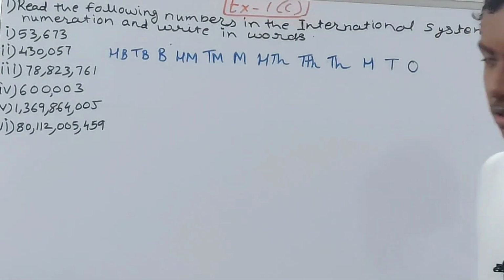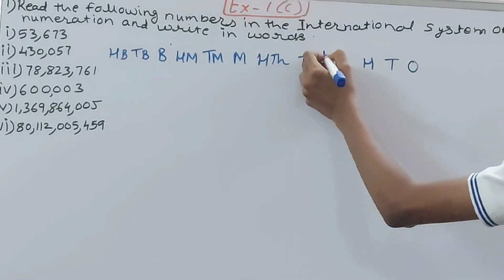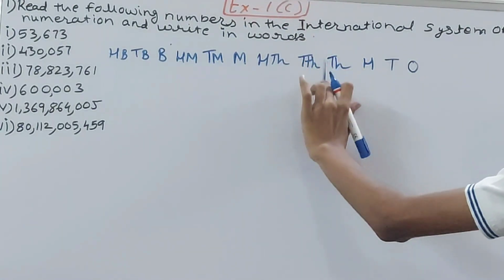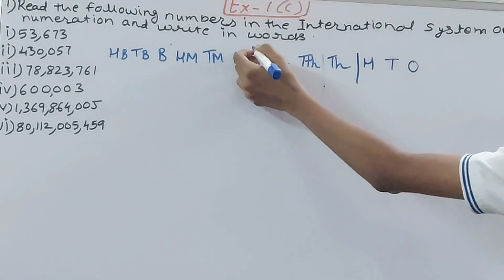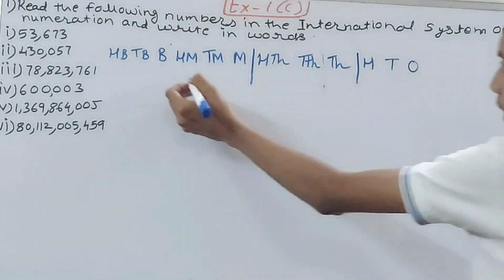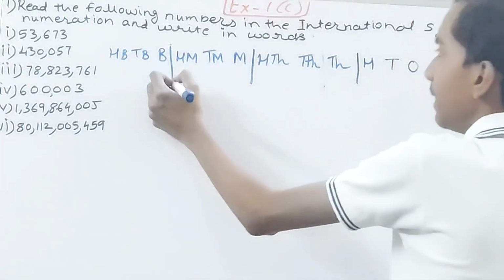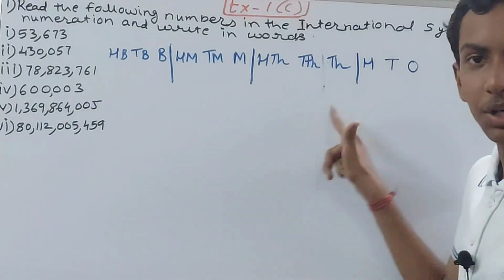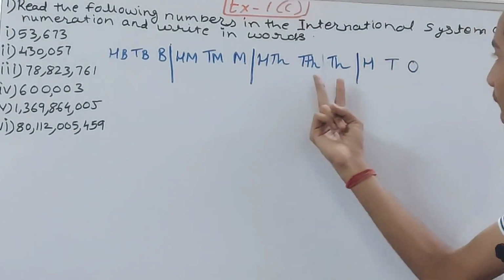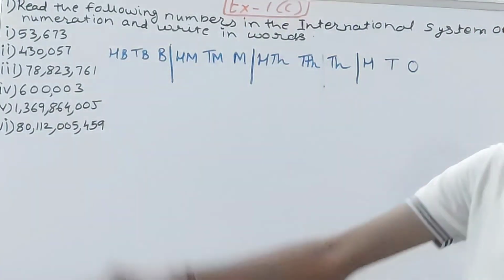And where do the periods come? After every three places you will put the commas. But in the Indian system, how was it done? You have seen first three numbers, then the comma, and then after every two places the comma was put.